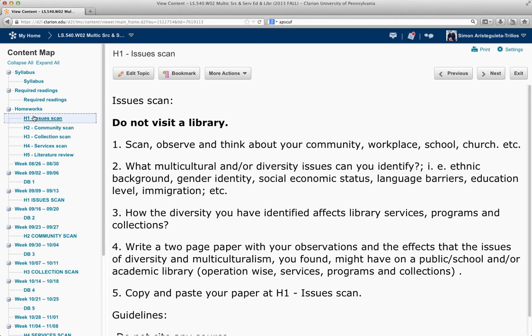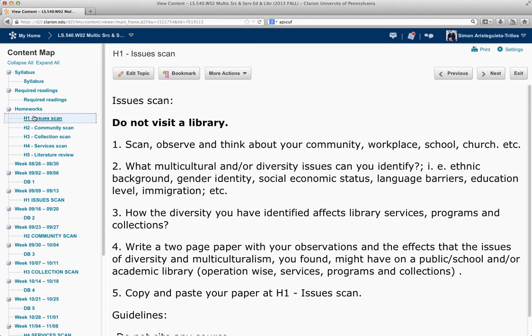Once you have thought about that, I want you to write a two-page paper with your observations and the effects that the issues of diversity and multiculturalism you found might have on public, school, and or academic libraries. Operation-wise, services, programs, and collection.